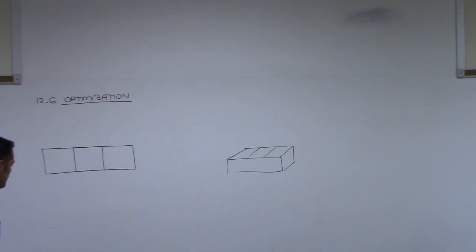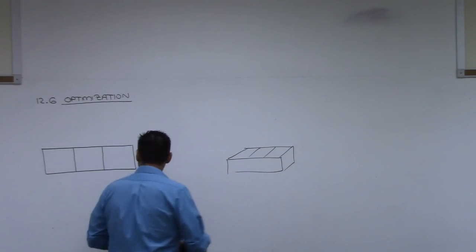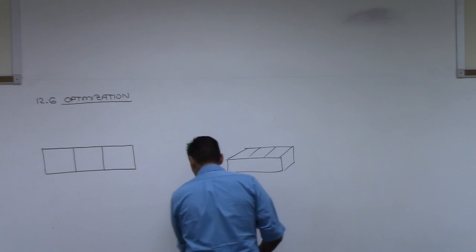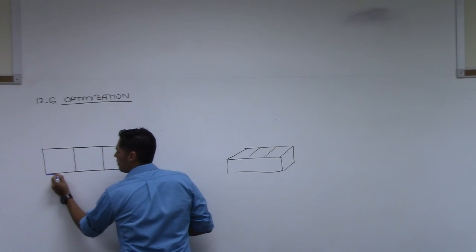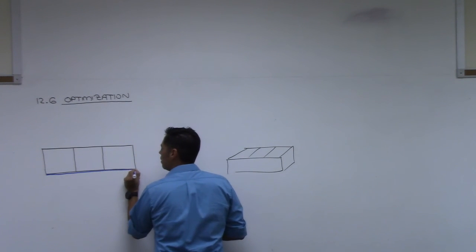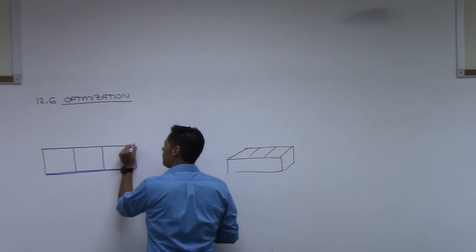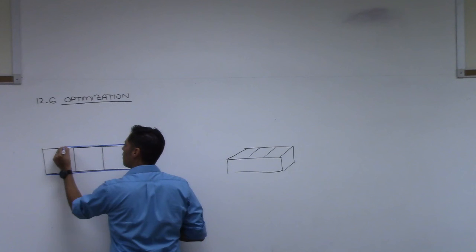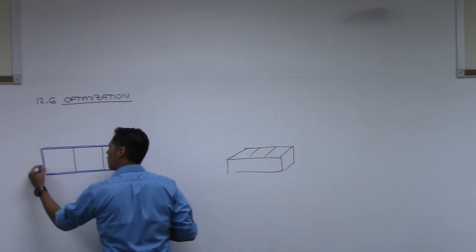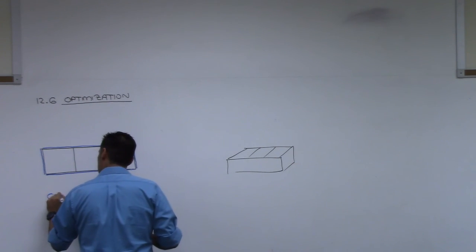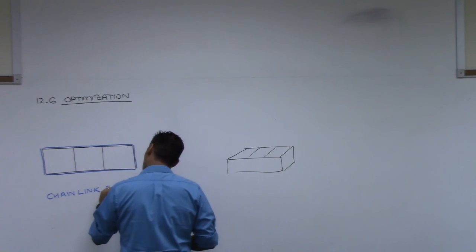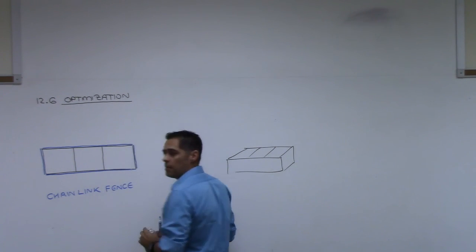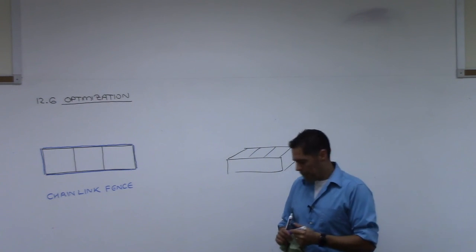Let's say that when I build these enclosures, everything here in blue is chain link fence. All right?